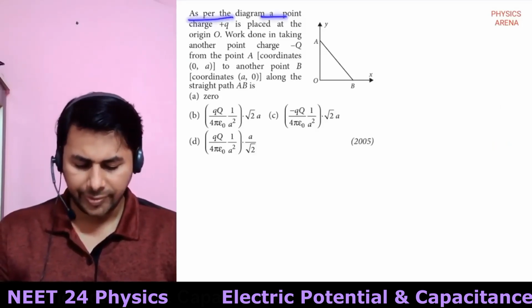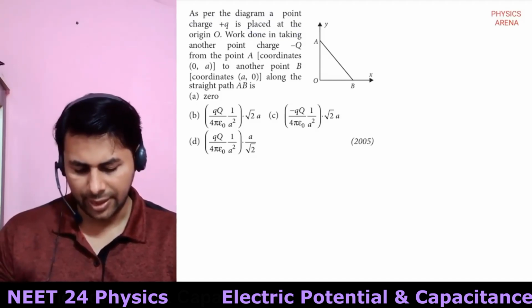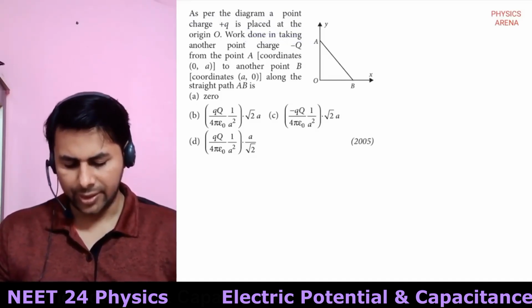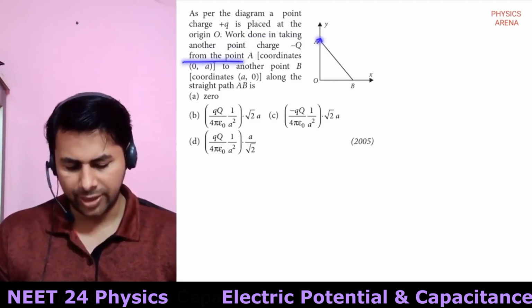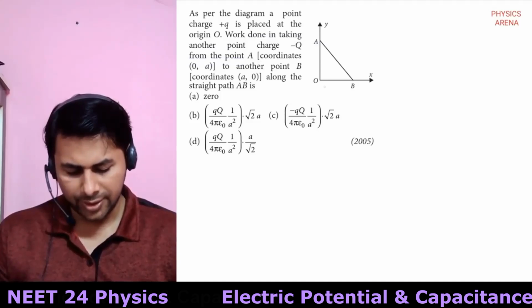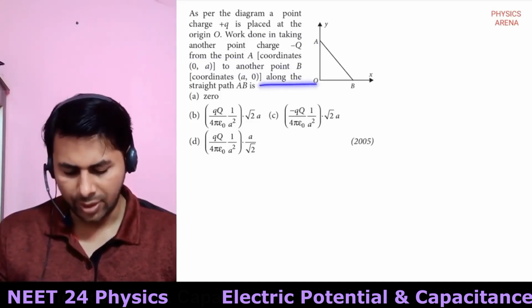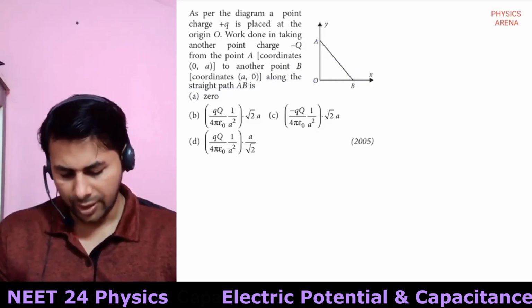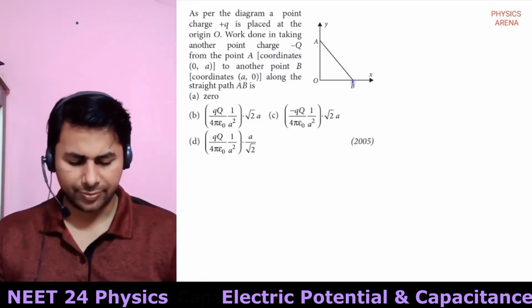As per the diagram, a point charge q is placed at the origin O. Work done in taking another point charge minus q from point A, coordinates 0, a, to another point B along the straight path AB, where coordinates of B are a, 0.